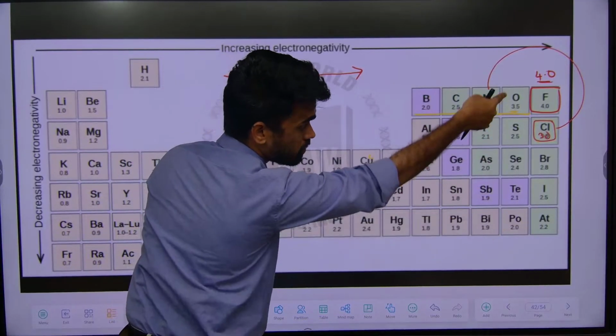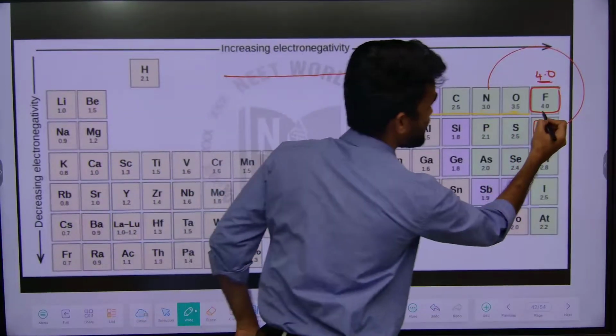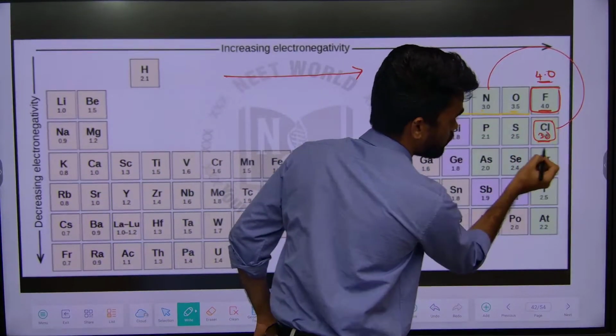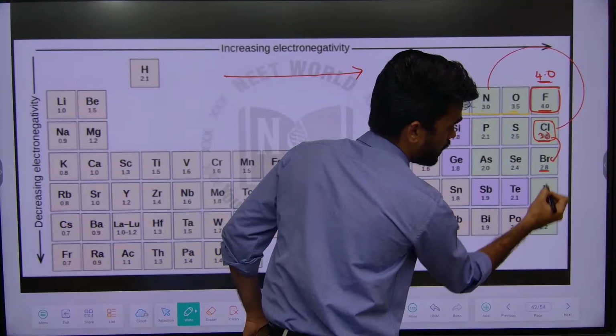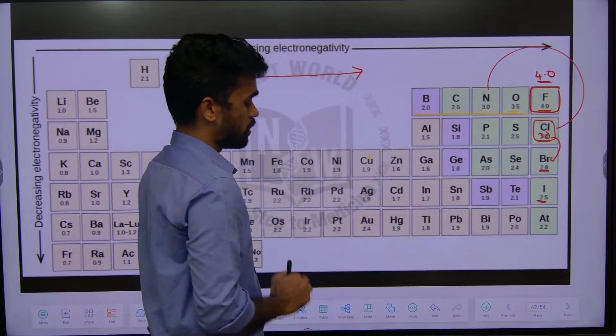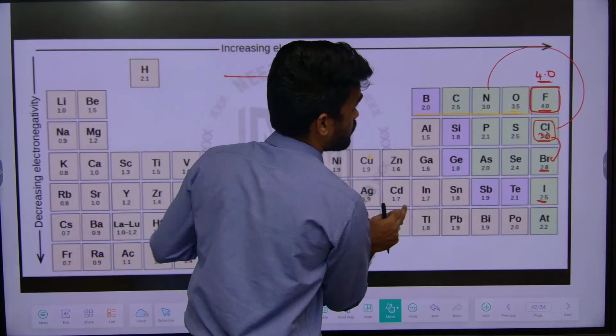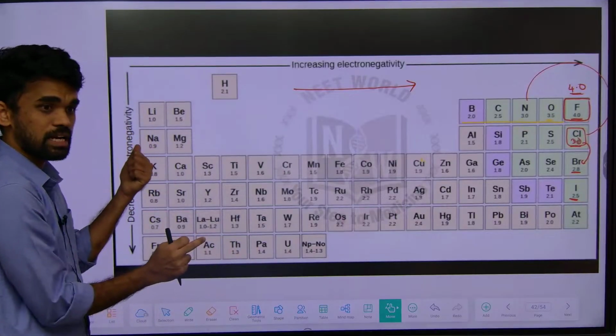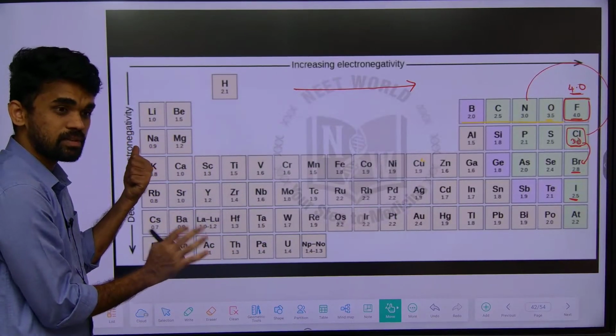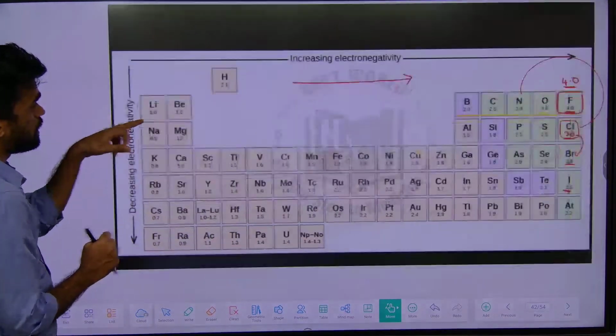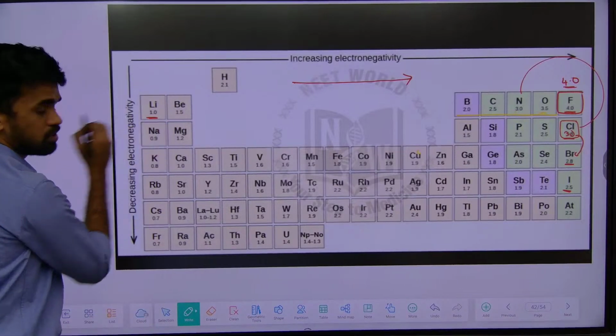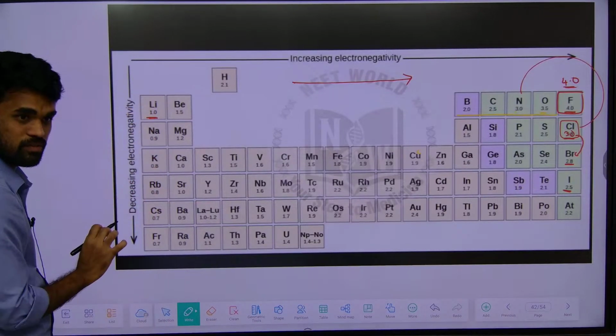Down the group it is decreasing. So how much is it? 4, 3.0, and slowly it is 2.8, 2.5. Now if you go this side, metals are there, so definitely metals will have the least electronegativity. So lithium is how much? You just check. 1.0. So down the group it definitely decreases.